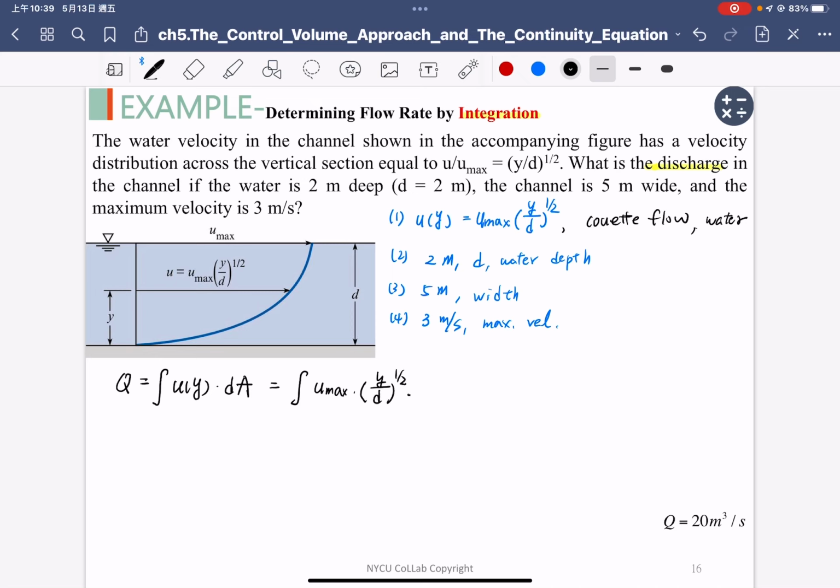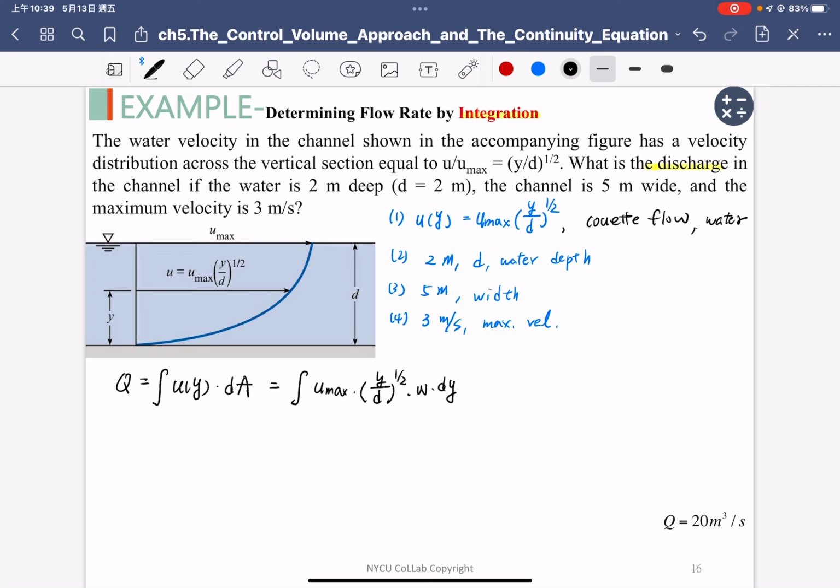And what's dA? The small cross-section area is the width multiplied by the small y change, dy.